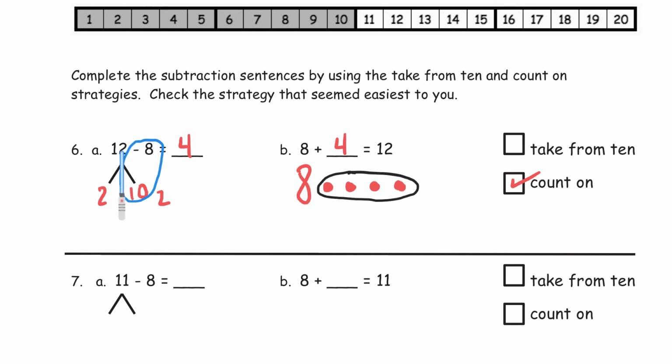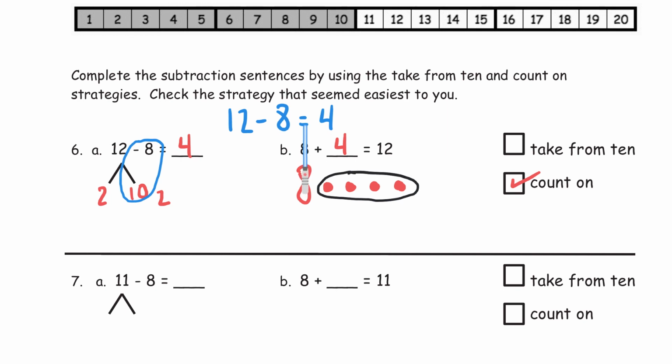So 12 minus 8 is 4. Well, if we do the opposite, 8 plus 4, that equals 12. Let me show you something here, boys and girls. If I were to write down 12 minus 8 equals 4, because that's what we have right here, I can change this.